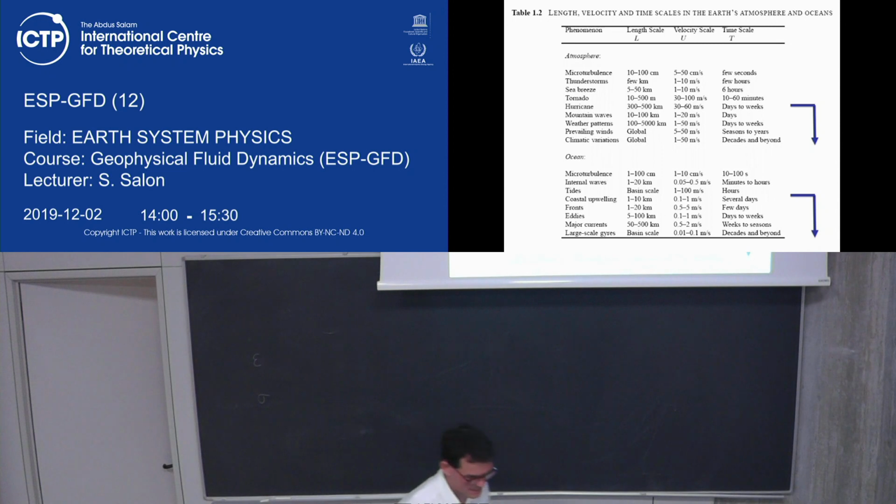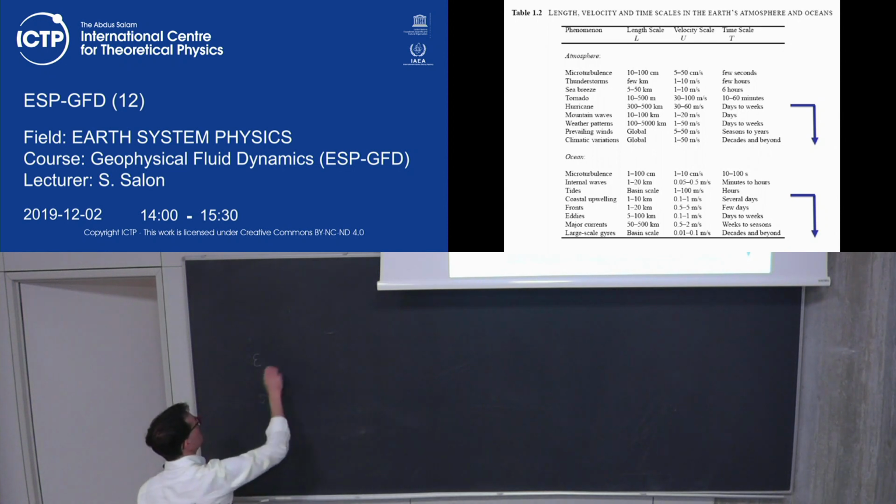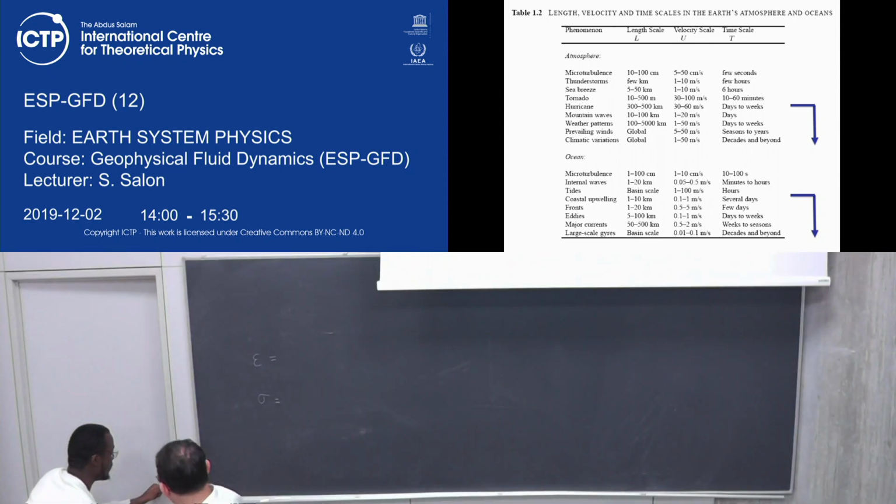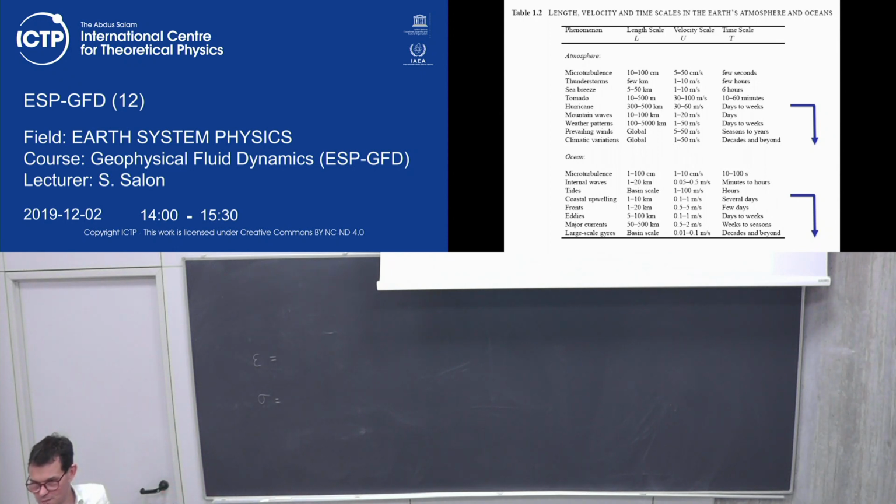Then we also defined the small case omega, but epsilon was the ratio between the time of rotation and the motion time scale, considered as the time taken by a person to travel a length L with velocity u.